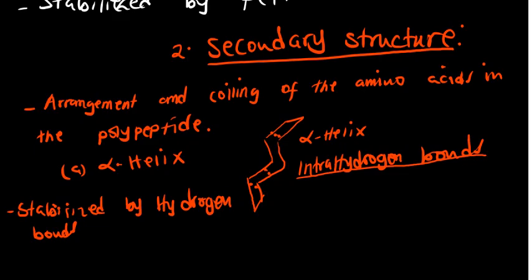So that's alpha helix. The alpha helix is spiral and it is right-handed.